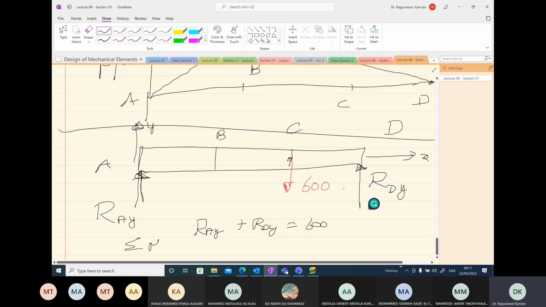Take moment about point A. And what is the equation we are going to get? RDY times 30, which is anticlockwise positive, minus 600 times 20 must be equal to 0.